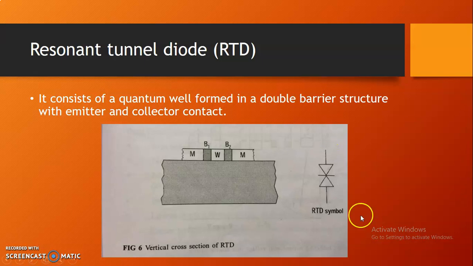Now the device structure is shown. With an RTD, the source and drain contacts are separated from the channel region W by the tunneling elements. B1 and B2 in the figure represent the barriers. RTD can be fabricated mainly from different types of materials such as III-V or II-VI semiconductors.